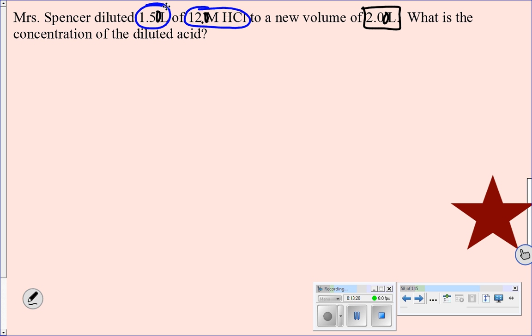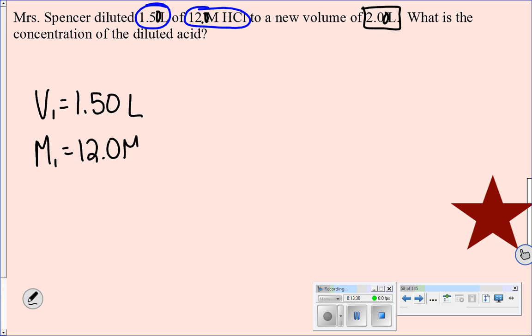What will be the concentration of the acid when I'm done? So I've got a V1 of 1.5 liters, and an M1 of 12.0 molar, and a V2 of 2 liters. This happens to be in liters this time. That's fine. I can keep it that way.